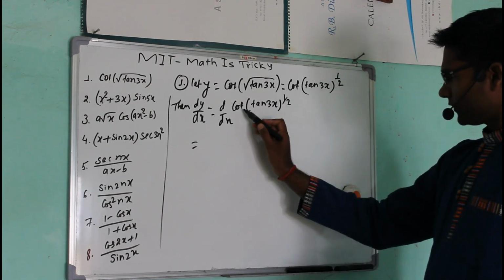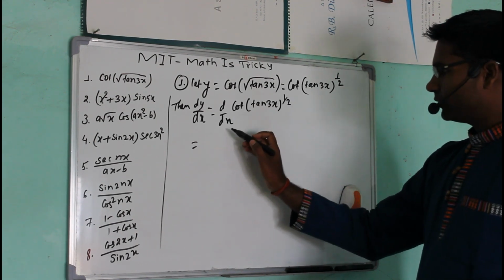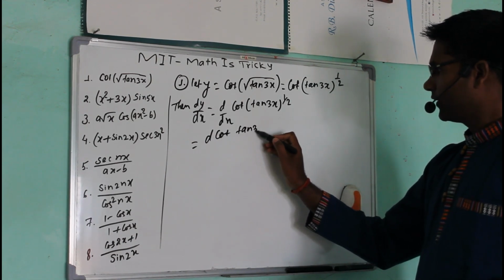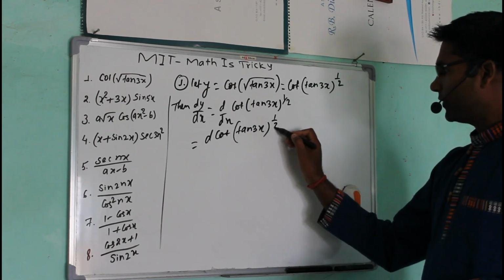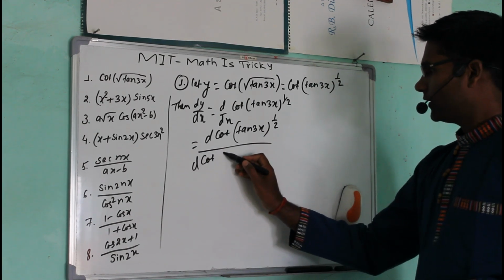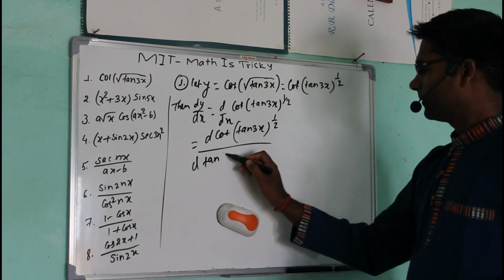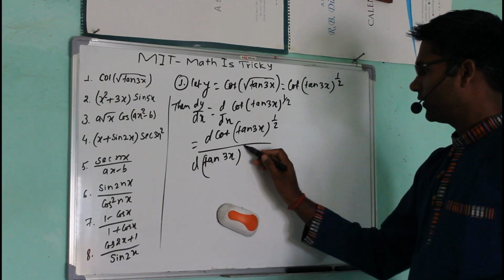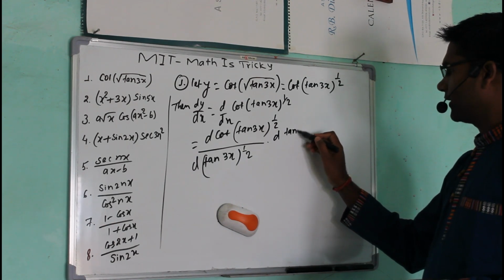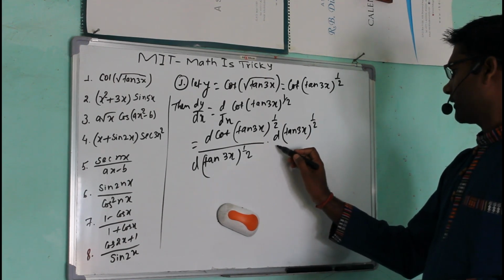Now look here, for tan the angle is 3x, so it must be in the denominator, so we'll use the chain rule. For cot of (tan 3x) whole power 1 by 2, in the base we put d of cot, then to balance this we put d of (tan 3x) whole power 1 by 2 and then by d tan 3x.